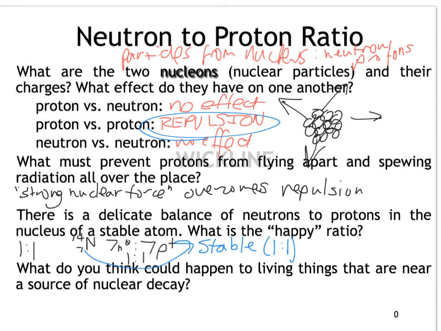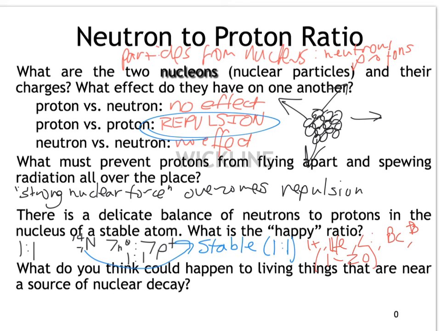That would be an element like hydrogen or helium, or lithium, or beryllium, or boron. And the elements that I'm naming right now are just the first elements. In fact, the 1 to 1 ratio only works for elements 1 up to 20. I believe 20 is calcium. And then after calcium, the 1 to 1 ratio isn't very helpful anymore, and it does not predict stability.